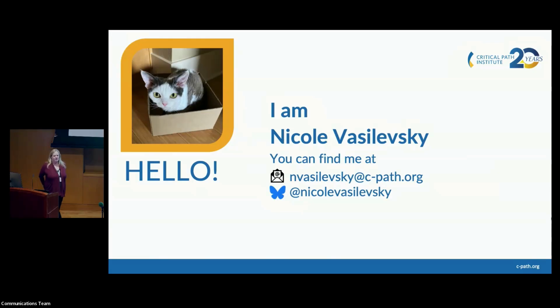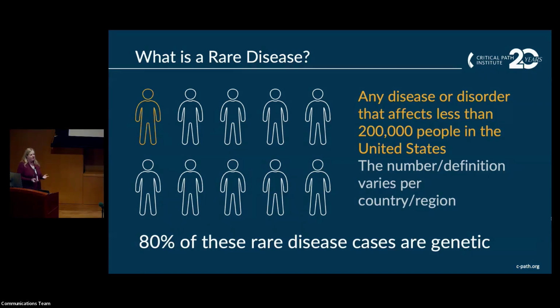So our institute, we're funded by the FDA, and we're a pre-competitive neutral convener between industry and academia and others and the FDA. And our goal and our mission is to advance drug development in underserved disease areas, including rare diseases. So if you're not familiar with rare diseases, the definition changes by the region that you're in, by country.